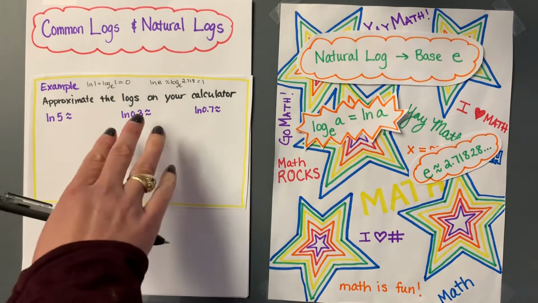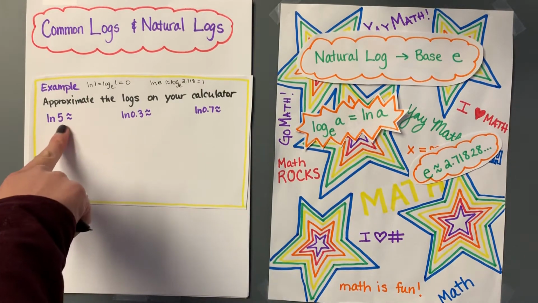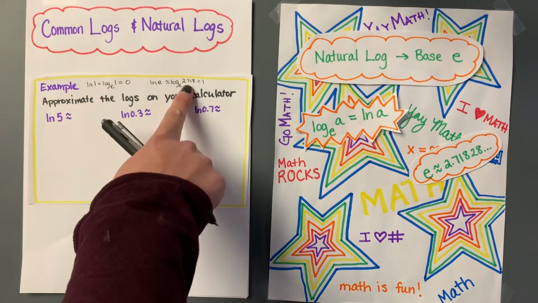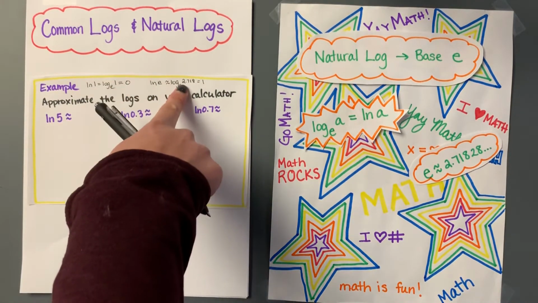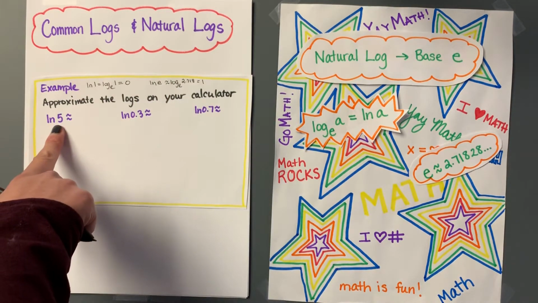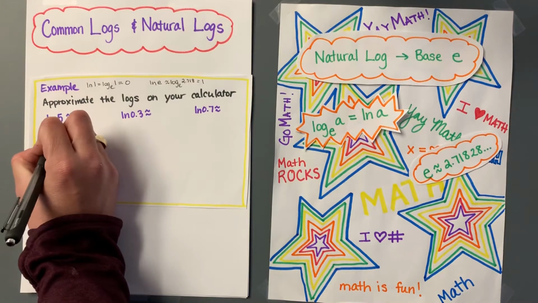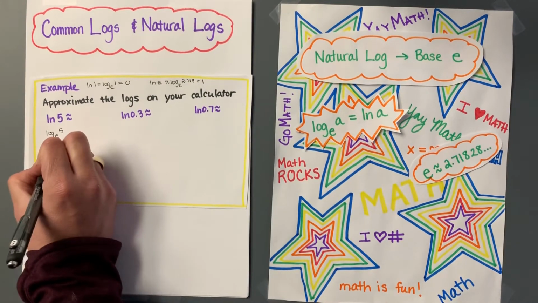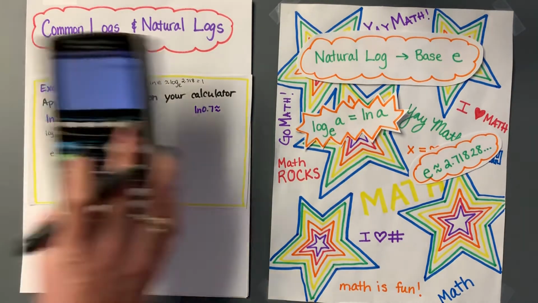So I've got these two points here. 5 is bigger than 1 and bigger than 2.718, so I expect this value to be bigger than 1. We can think of this as log base e of 5, which is saying e to what exponent is approximately equal to 5.